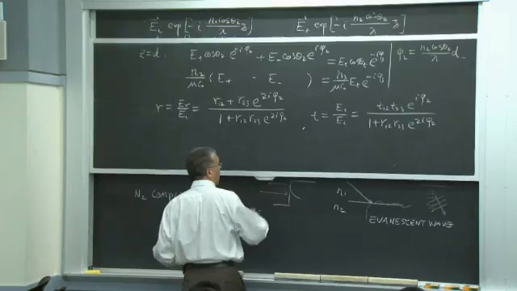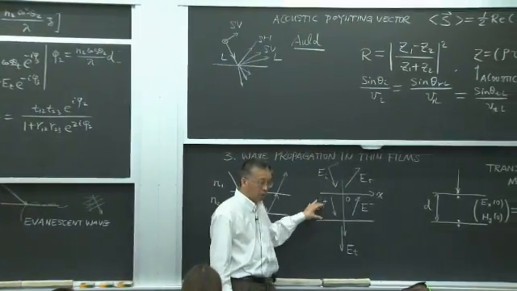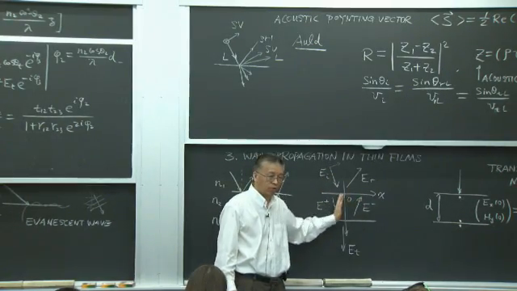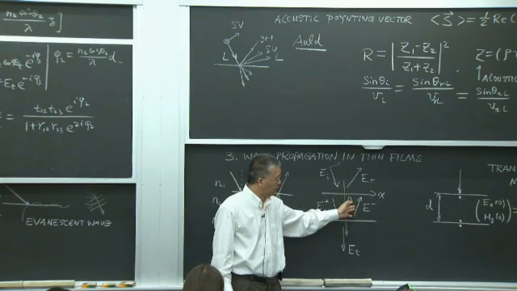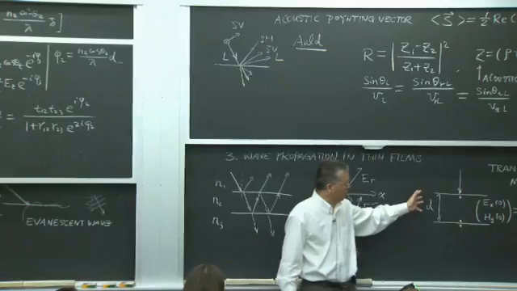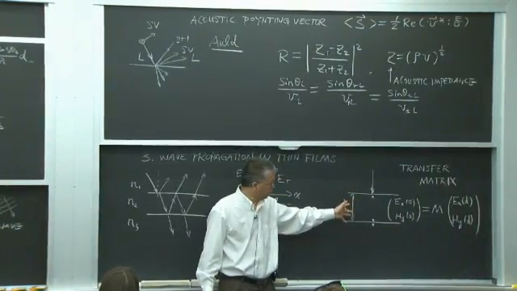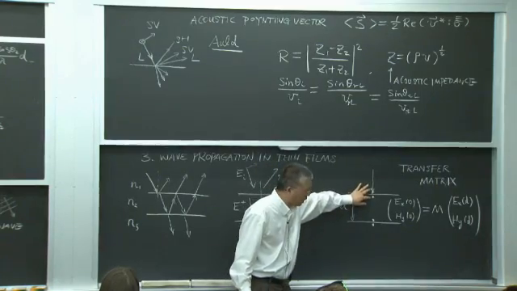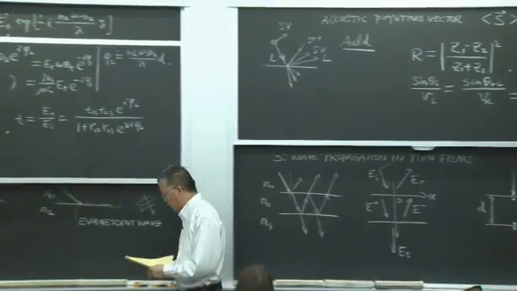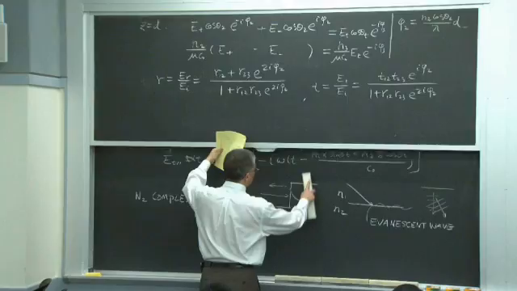So I have gone through the resultant wave method and really split the electric field into forward and backward. But I said that if I do this, it's still not very convenient, and the best is to do the transfer matrix, using the fact that both electric and magnetic field are continuous at the interface. Here I'm going to ask you to read more detail in the book.